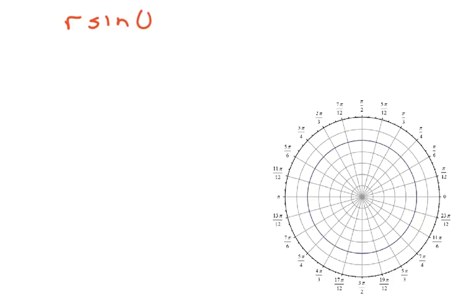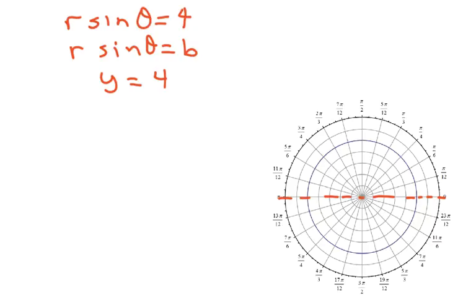All right, so the next one we have is r sine of theta equals 4. It has the form r sine of theta equals some b. It's a horizontal line, and I could just write this as y equals 4. So here's my horizontal line, and I'm going to go up 4.